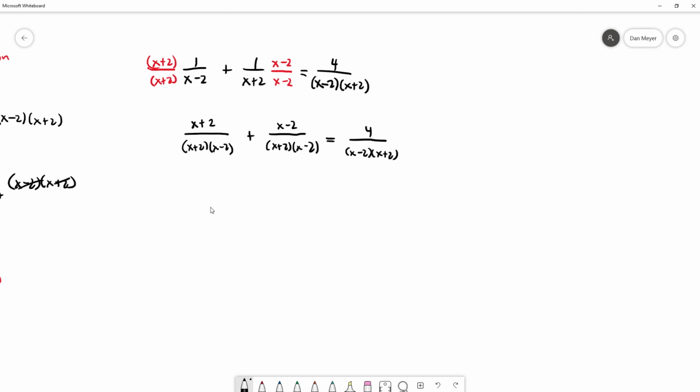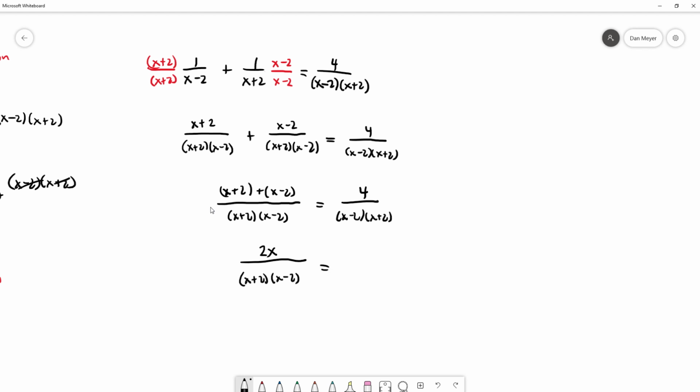That's just addition of rational fractions: x plus 2 plus x minus 2 all over x plus 2 times x minus 2 is equal to 4 over x minus 2 times x plus 2. And then when I simplify my numerator, I get 2x over x plus 2 times x minus 2 is equal to 4 over x plus 2 times x minus 2.